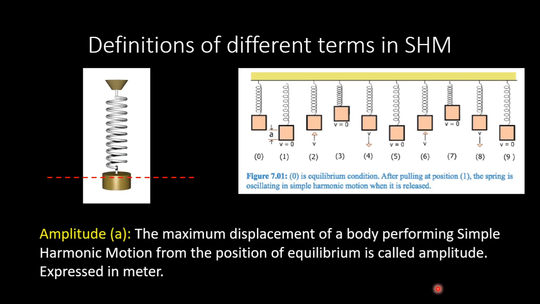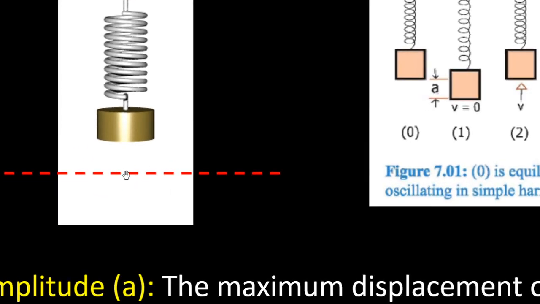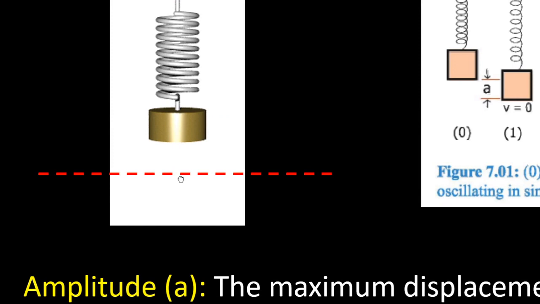Then what is called the amplitude? The maximum displacement of a body performing simple harmonic motion from the position of equilibrium is called the amplitude, that is expressed in meters. That means the highest amount of displacement the object has from the position of equilibrium is called the amplitude.